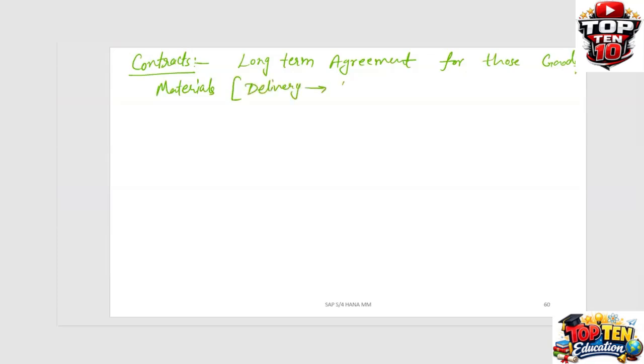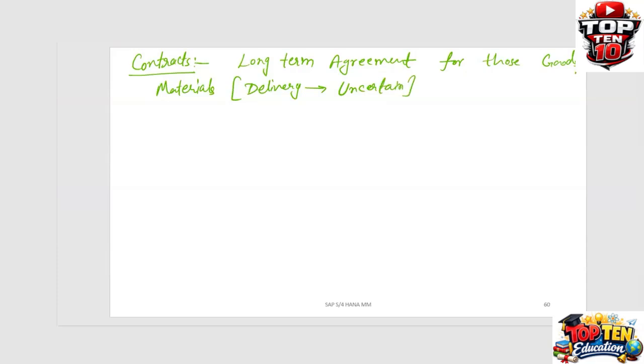So again, what are contracts? Contracts are long-term agreements between two parties for those goods or materials where the time of delivery is uncertain.